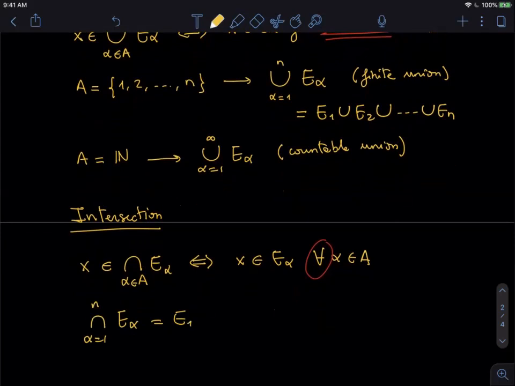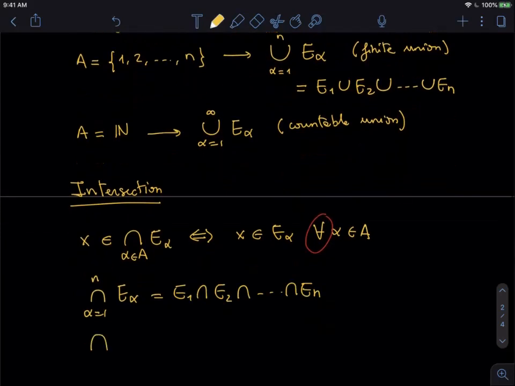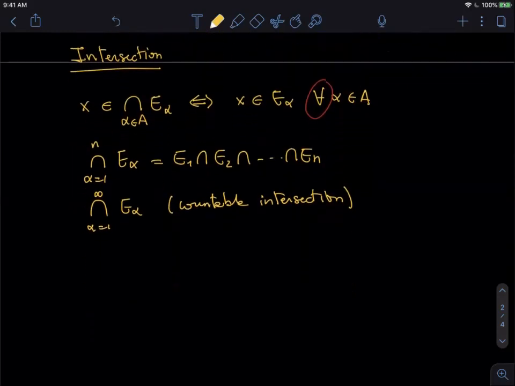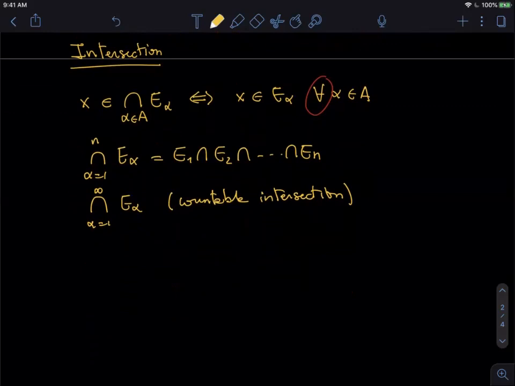This would be E1 intersection E2 and so on, intersection En. And we can also write a countable intersection going all the way to infinity. That means that we are taking all the possible positive integers.